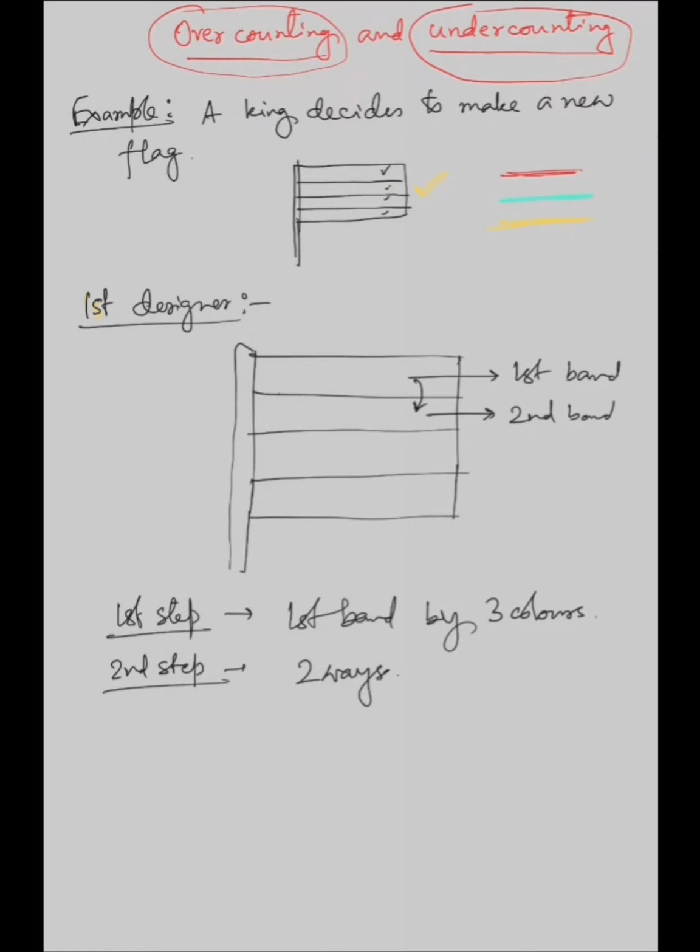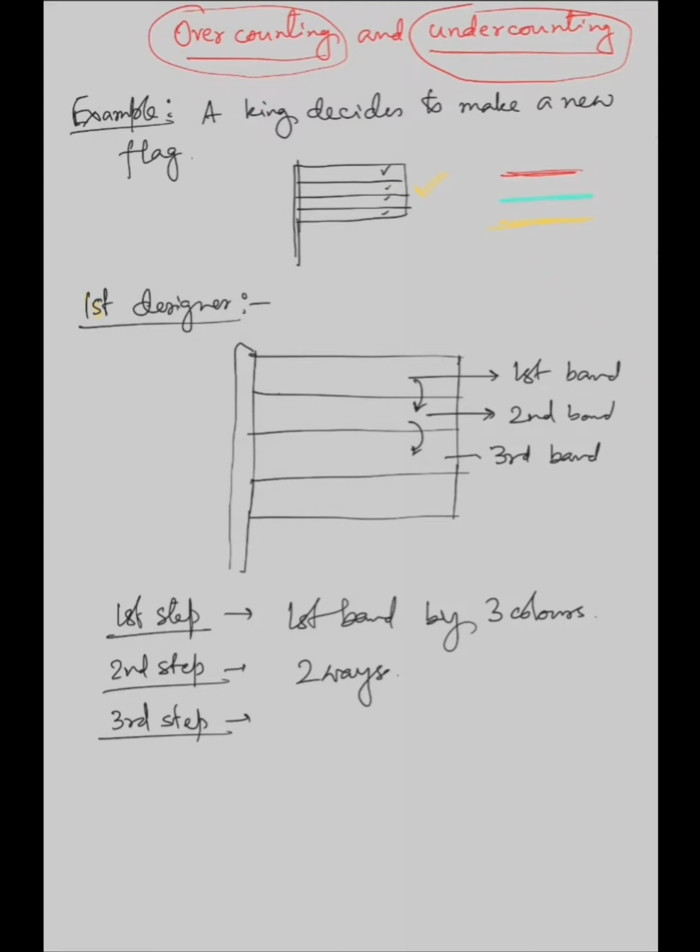Now the third step. He comes to the third band. In how many ways can he choose the color for the third band? In two ways. Why?